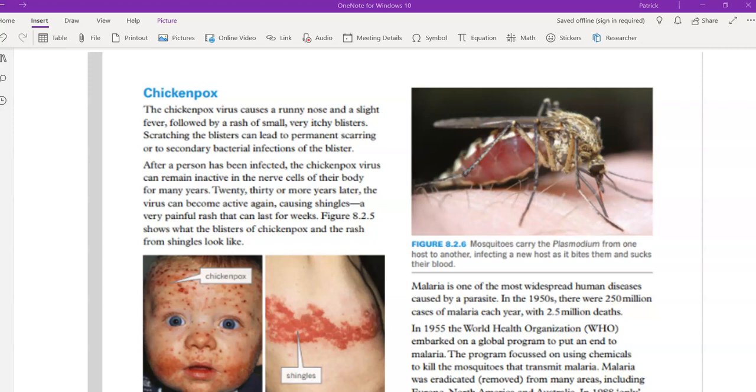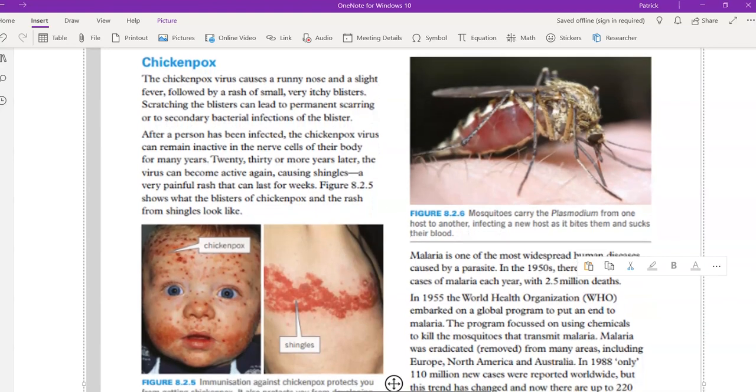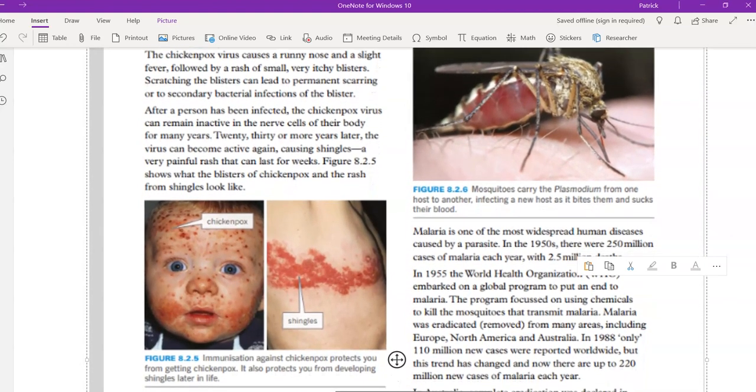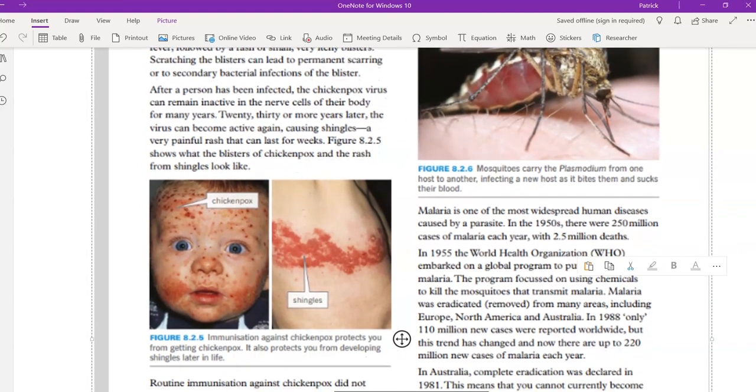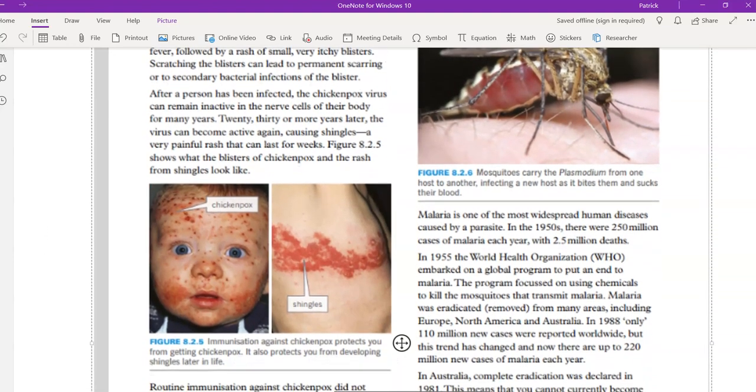Chickenpox is another virus that causes some rather horrible conditions, and you can see here in figure 8.25 the chickenpox on this young person. Now, what has been discovered is that sometimes infections can come back later in life, and when chickenpox comes back later in life to older people, it comes back in what is called shingles, and this is on the inside under a person's arm here, around towards their breast to the front.